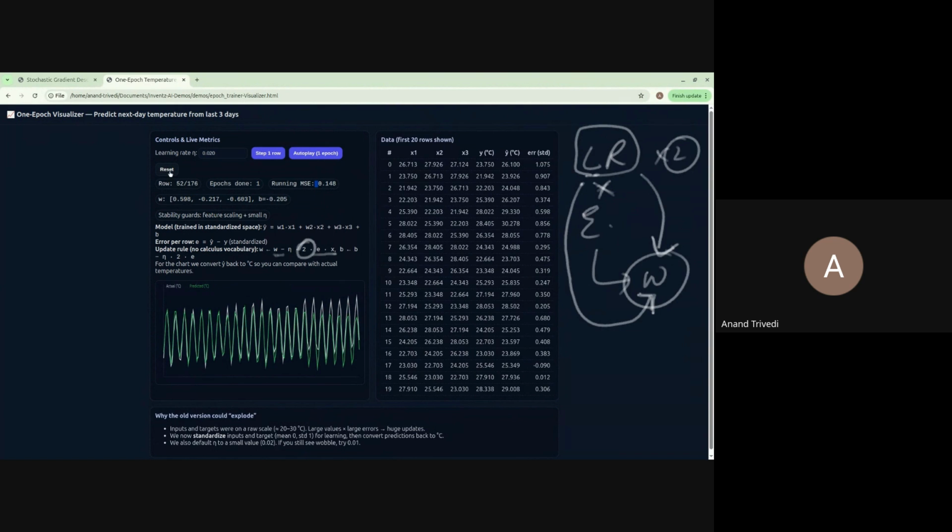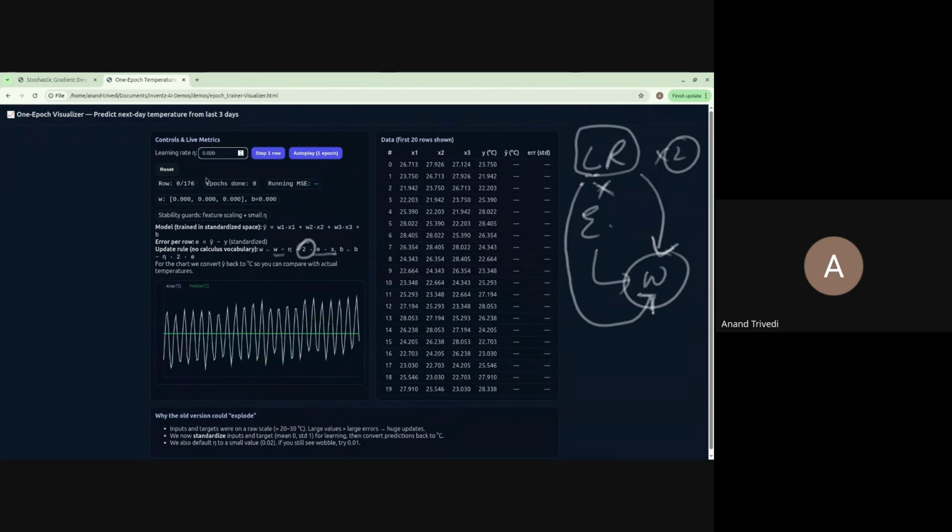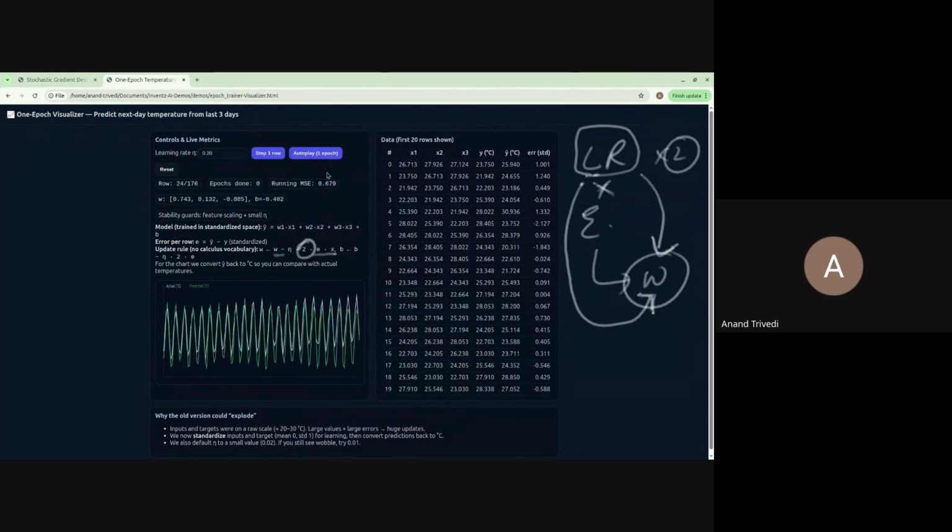Now, if you see what I do, I remove this zero, and what happens now? It is learning very fast. Then should we always use a high learning rate?